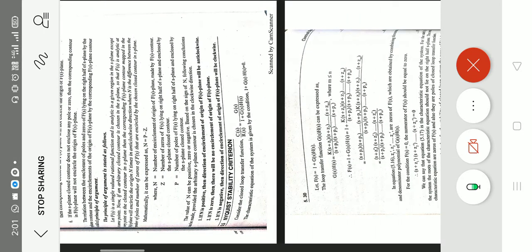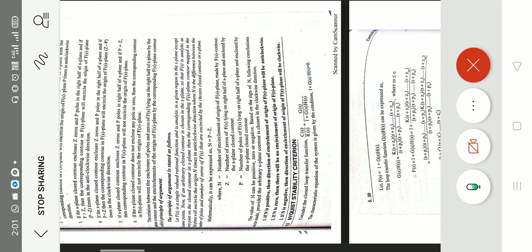Here the Nyquist plot is the same as the polar plot, but the only difference is that it is an extension of the polar plot. We can draw the polar plot only from 0 to infinity.